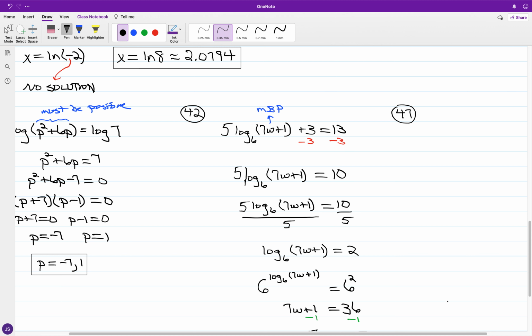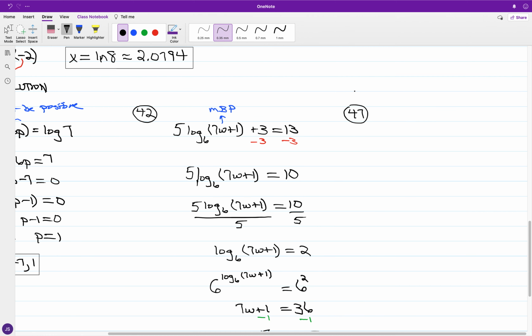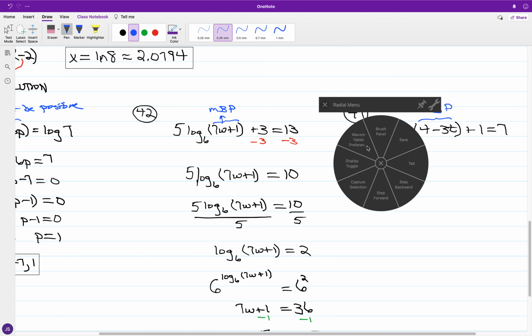And here we have 2 times the natural logarithm of the quantity of 4 minus 3t, followed by the addition of 1, is equal to 7. And again, just like 7w plus 1 has to be positive, whatever we have for t must ensure that 4 minus 3t be positive as well.